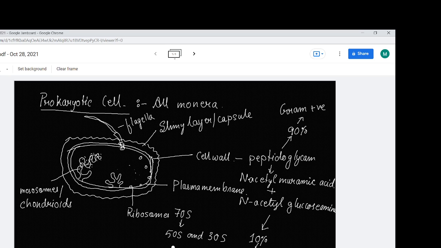Here S stands for Svedberg's unit. That means it will decide the weight of that unit.